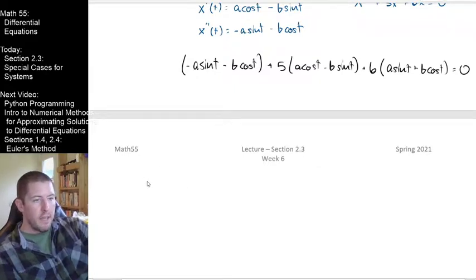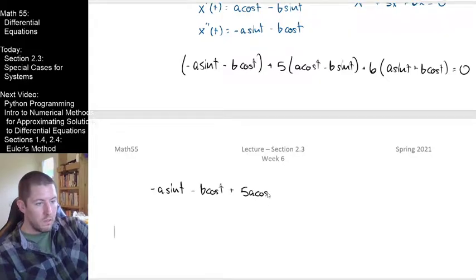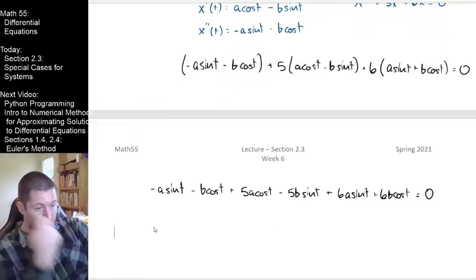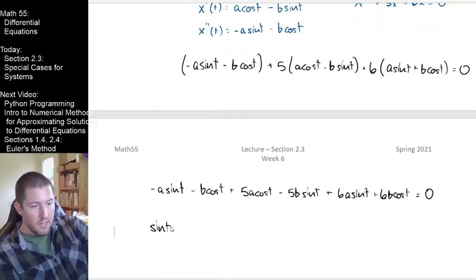So I want to blow this up a little bit, and let's go ahead and group up some common factors here. How much sine of t do we have?